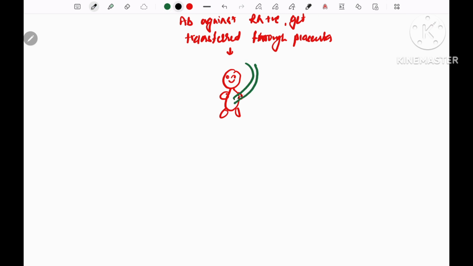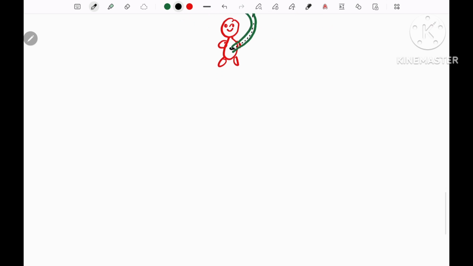Here is the antibody, the dangerous antibody, coming into the fetus. When this antibody comes, it reacts with the Rh antigen. When antibody and antigen combine, they form the antibody-antigen complex.